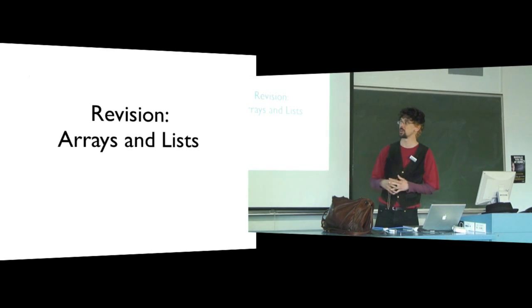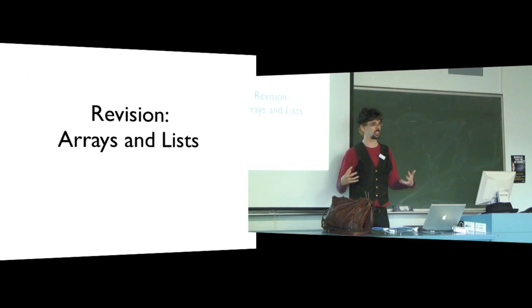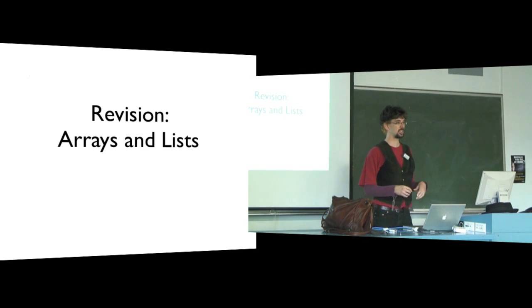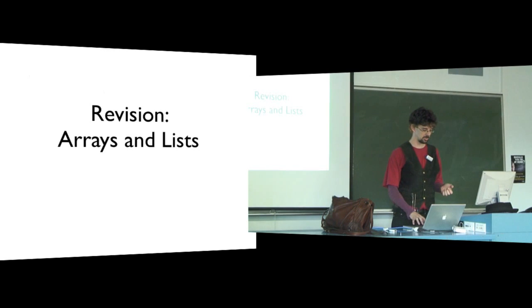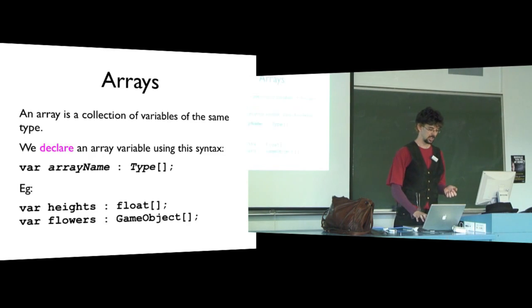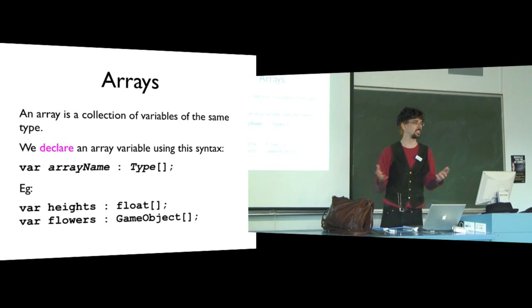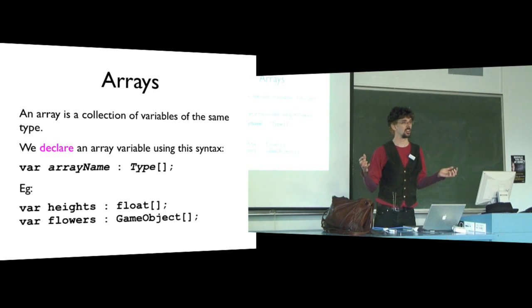What I'm calling arrays are called built-in arrays in Unity, and what I'm calling lists it calls variable length arrays, or the Array class. I'm going to call them arrays and lists because that's just the normal name, but remember the Unity docs give them annoyingly similar names.